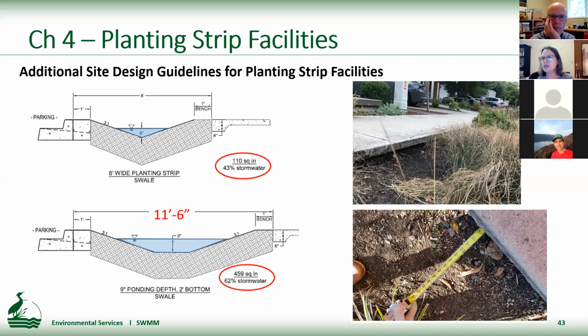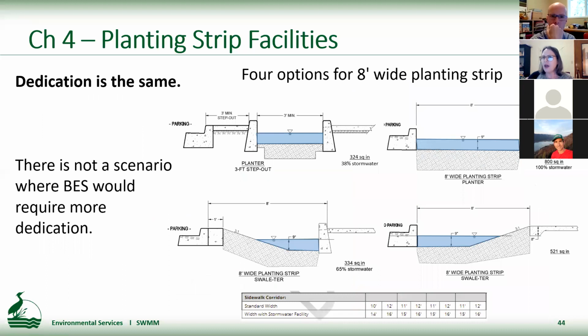So the changes and new requirements are to have a thickened edge sidewalk along the sloped edge, and also a 2-foot wide flat bottom whenever there are side slopes. The result is that to use this swale or double-sided slope configuration, you would need an 11.5-foot wide planting strip to install them.